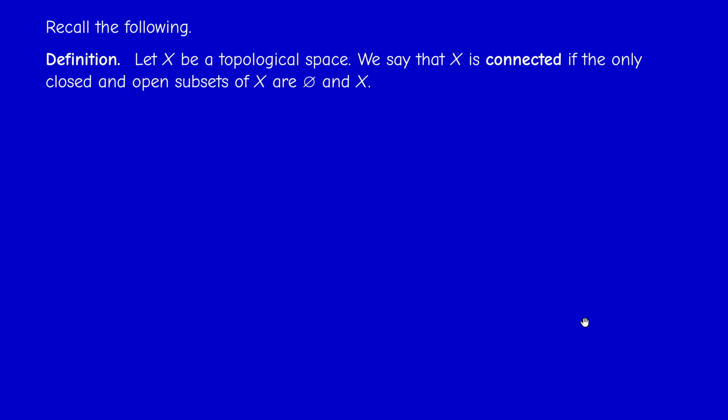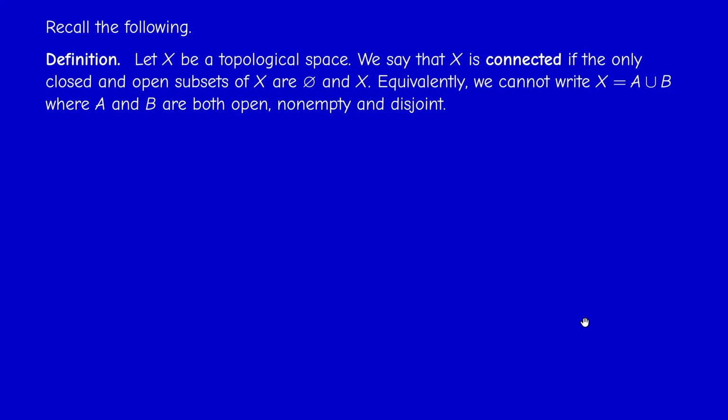Now, some topological spaces have this property that the only clopen subsets are the empty set and X, and we call such spaces connected. Okay, and this is equivalent to the following fact: we cannot write X as a disjoint union of two open non-empty sets.